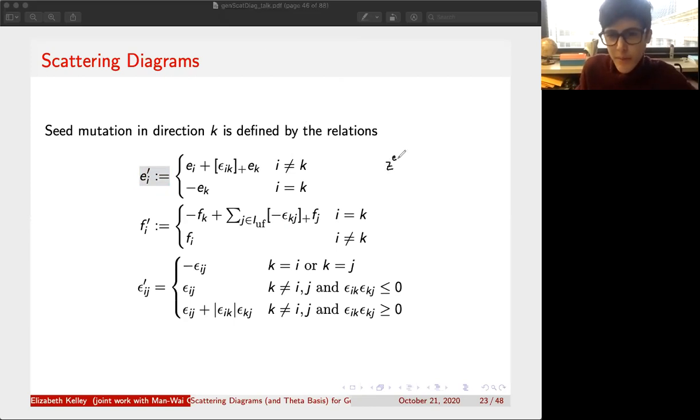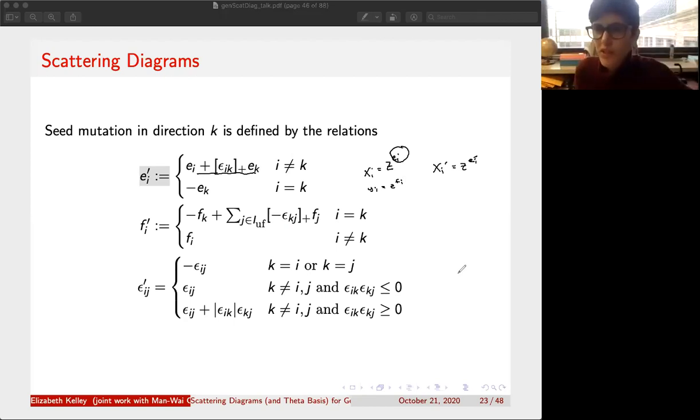So you remember that you have these relationships. And if you take these exchange relations and you plug them in up here, so for example, if you want to find xi prime, you start with z to the ei prime, plug in this expression for ei prime, and you can just do algebra and you'll see that you get the original exchange relation. So there's no real insight to get there other than that they are literally the same thing, they're encoding the same dynamics.